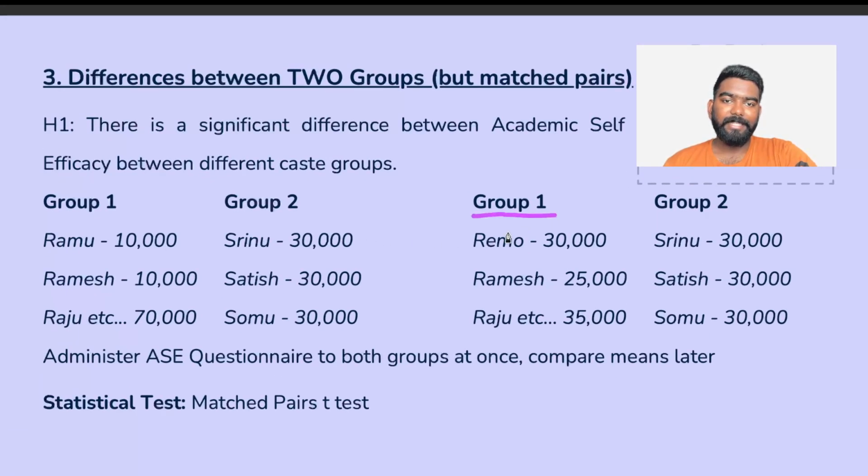The variance in this group is not much larger than the variance in this group. There are only small differences. So in this case, we can conclude our results are more accurate. Whenever there is a confounding variable which might affect our dependent variable, we will usually use this matched pairs t-test.